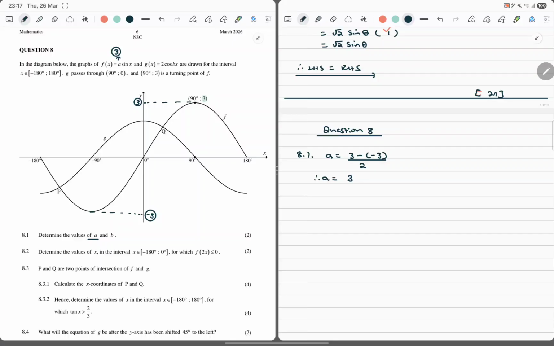B, let's see. B, this is just 2 cos what, so this means this is a 2. And it also means the minimum value for our cosine function is going to be at -2. So essentially, let's see. Did we expect the cos of 0 to be 1?